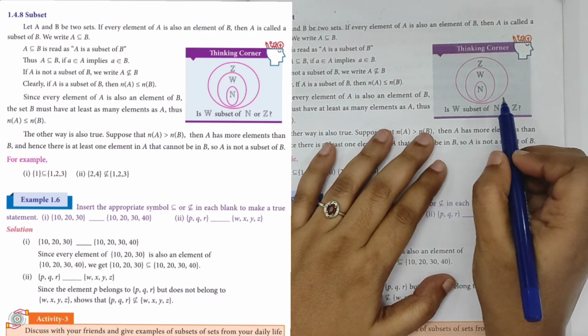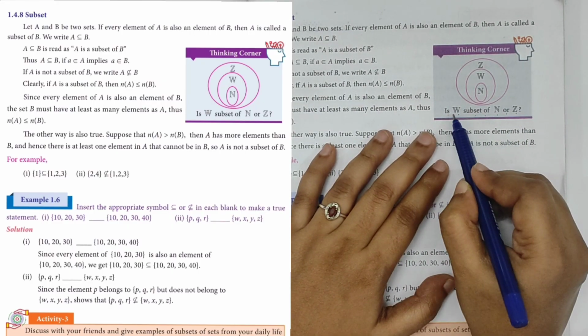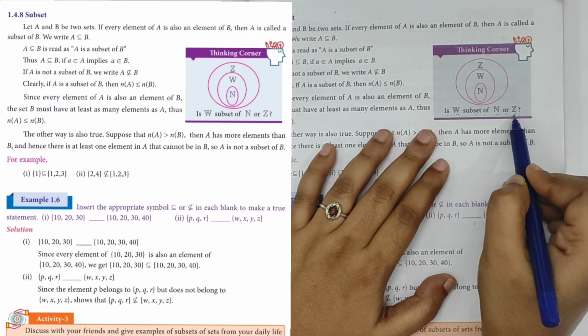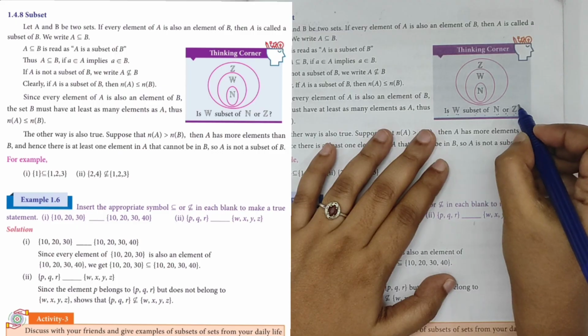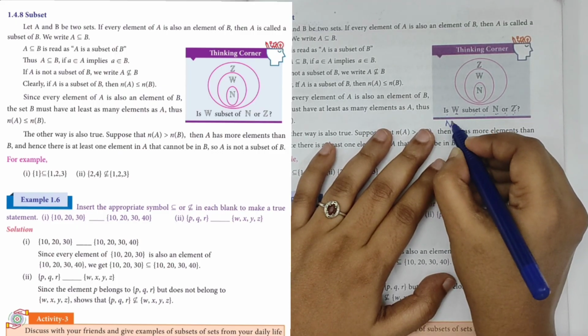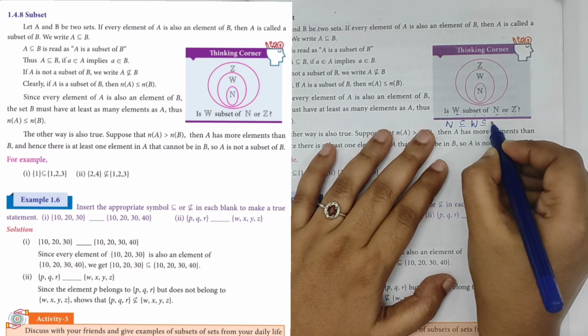Next, thinking corner. Is W a subset of N or Z? That is, is the set of whole numbers a subset of natural numbers or integers? Z means integers, N means natural numbers, W means whole numbers. So natural numbers are a subset of whole numbers, and whole numbers are a subset of integers.